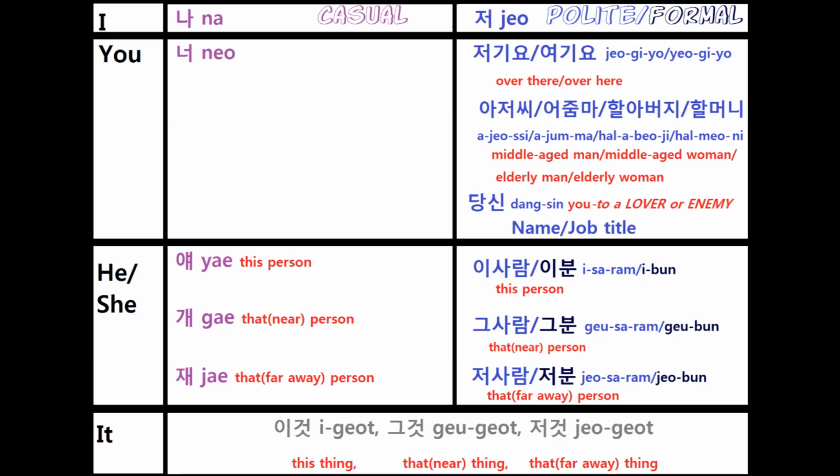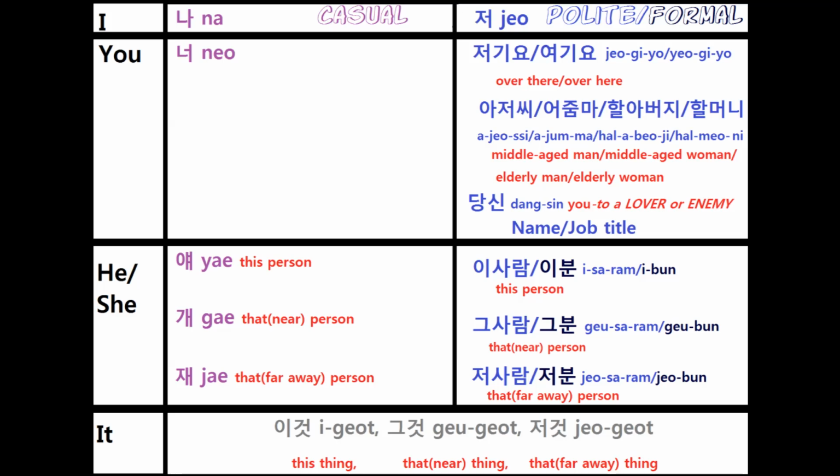You can say 당신 if you love them passionately or hate them passionately. You can use their name if you know it, or job title if you know it. To say he or she casually, you say this person, ye, that person, nearby, ke, that person, far away, je.